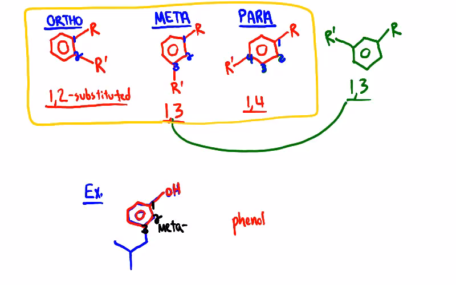And then we need to indicate that at that meta position, we have this group, which is an isobutyl group. So we'll call this meta isobutyl phenol as the full name of this molecule.